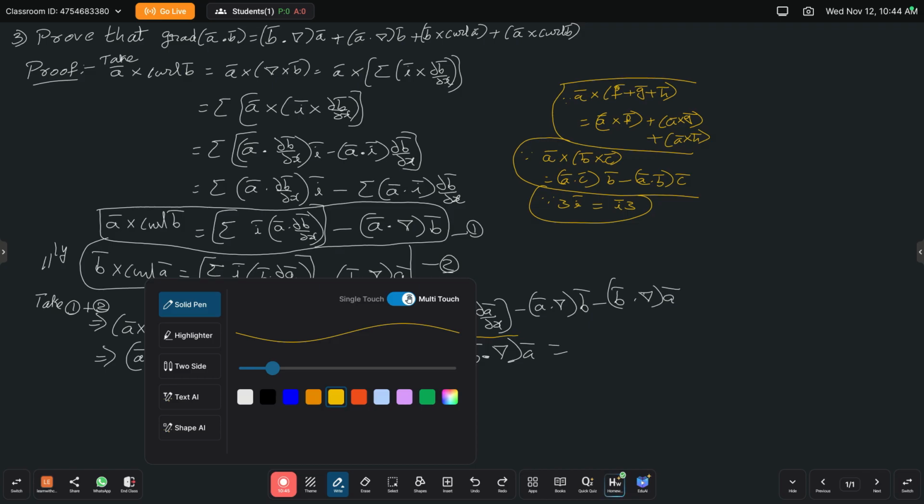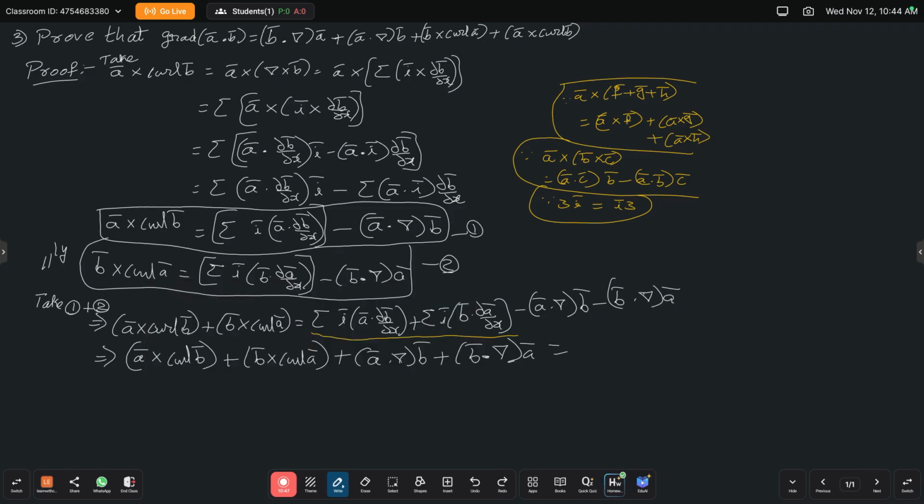So now writing the RHS part, the remaining two terms are a bar dot ∂b bar/∂x plus b bar dot ∂a bar/∂x. The dot product satisfies the commutative property, so b bar dot ∂a bar/∂x can be written as ∂a bar/∂x dot b bar.